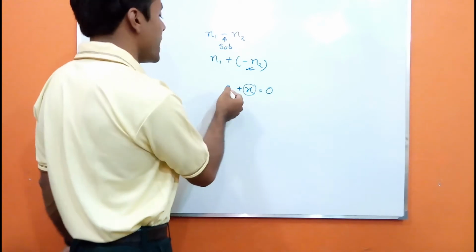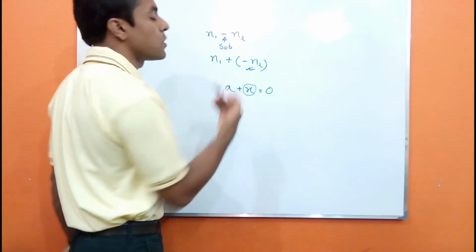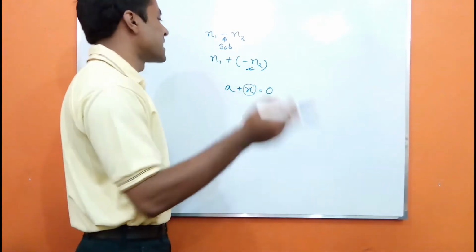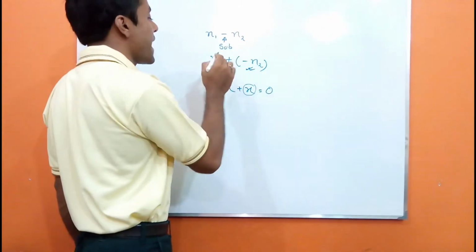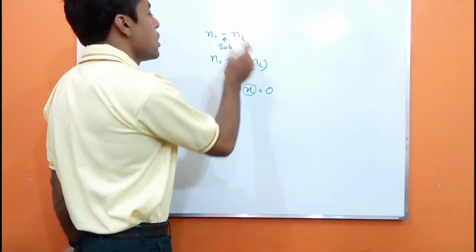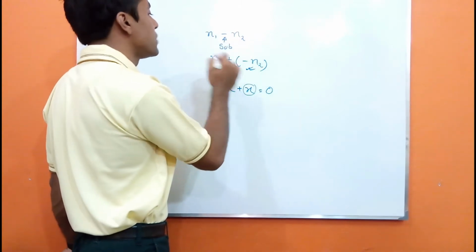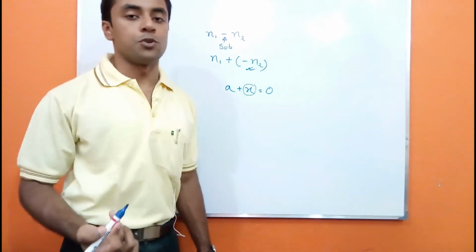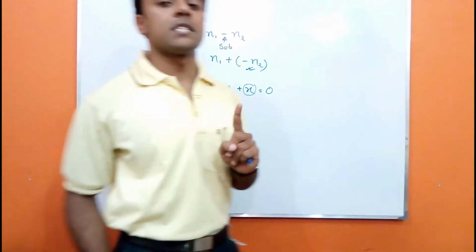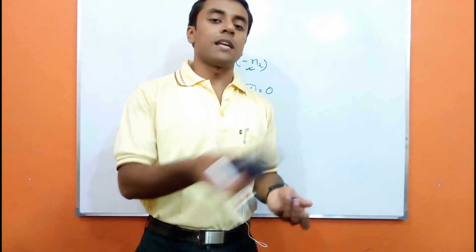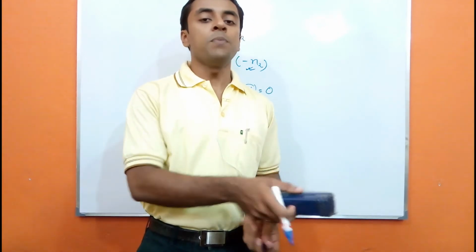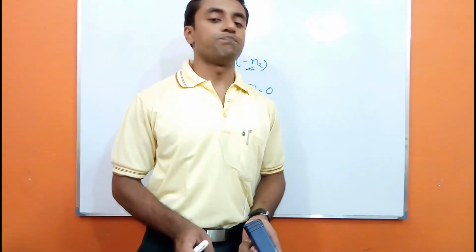That means a is also the additive inverse of x, which is nothing but the negation of the number. So here we are adding the additive inverse of n2 with n1 to get n1 minus n2. This is the basis of the subtraction method that I discussed in the previous video using the adder circuit only.